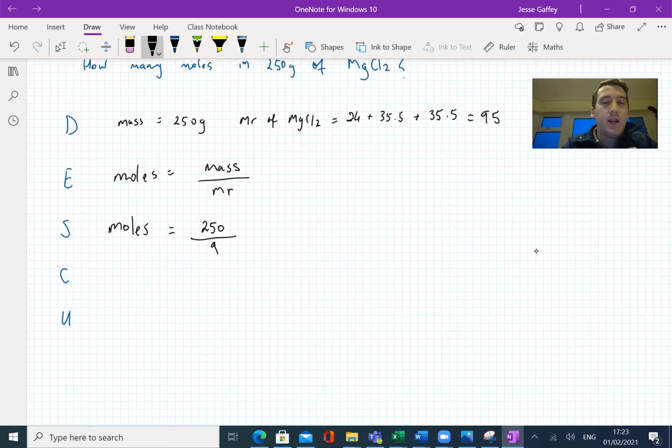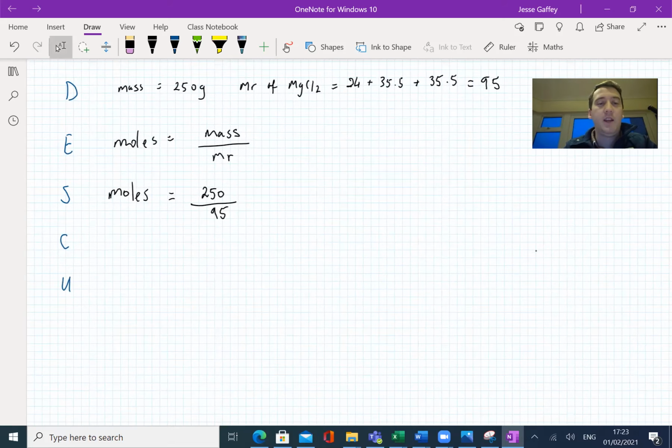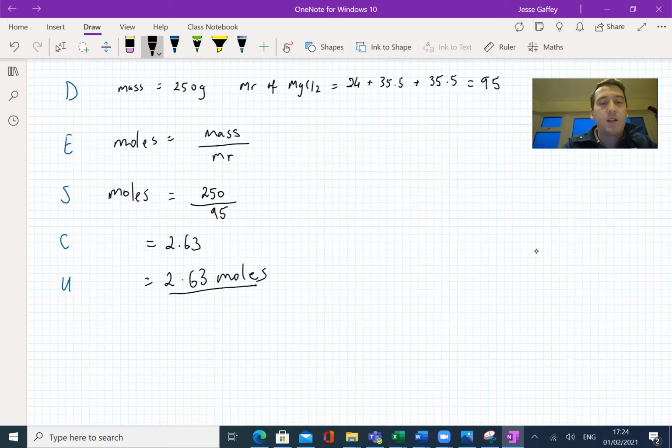So we're going to put that in here then as MR, 250 divided by 95. Calculate is the next thing to do. Calculate equals 2.63. And then my units, I'm talking about 2.63 moles. That's my final answer. Well done. You can already now get some marks on a Leaving Cert chemistry paper for that.